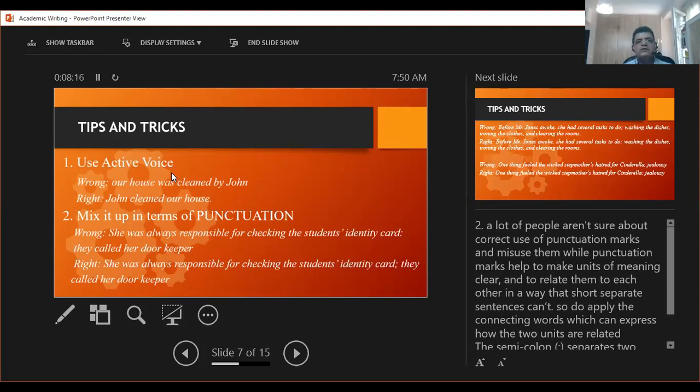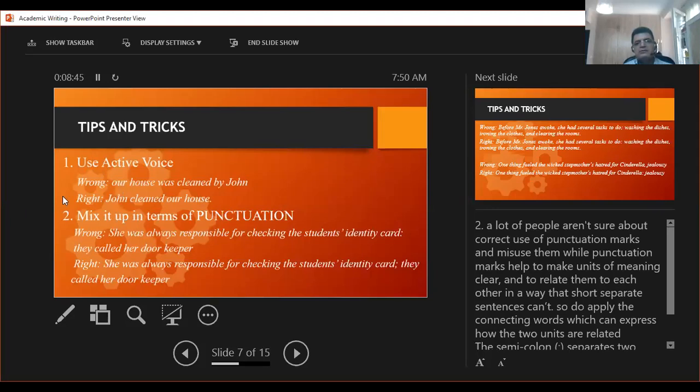The first tip is using active voice. So actually, in academic writing, you are not allowed to use passive voice. The only way is writing in active voice unless it is impossible, or you need to use passive voice in order to imply what you mean. Suppose we have some examples for each one of the tips here.